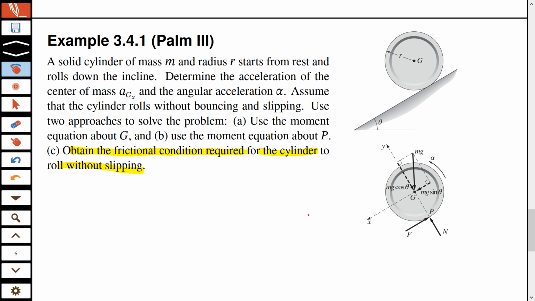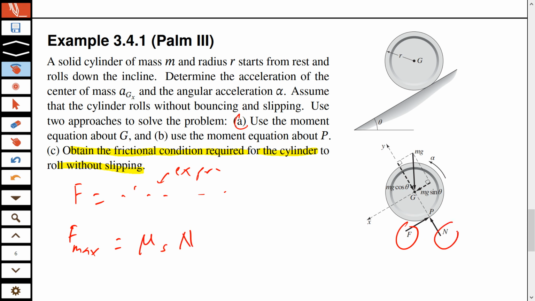अब विदाउट स्लिपिंग का मतलब ये है कि आपका जो फ्रिक्शन है, फ्रिक्शन का एक्सप्रेशन हमने कैलकुलेट कर लिया था पिछले पार्ट ए से और पार्ट बी से भी. सो वो एक्सप्रेशन, assuming that you know that expression, but we also know the maximum value of the friction. The maximum value of the friction we know is mu s times n.